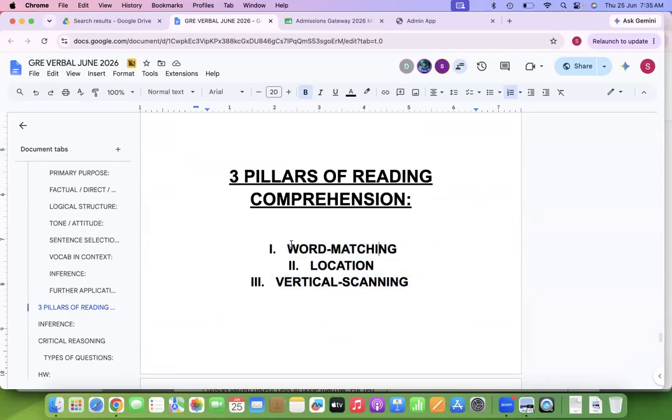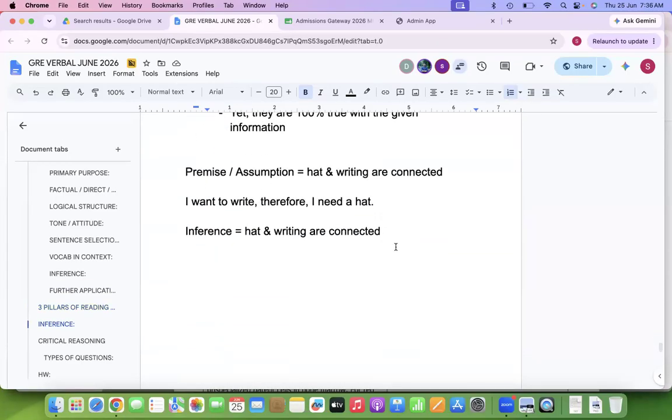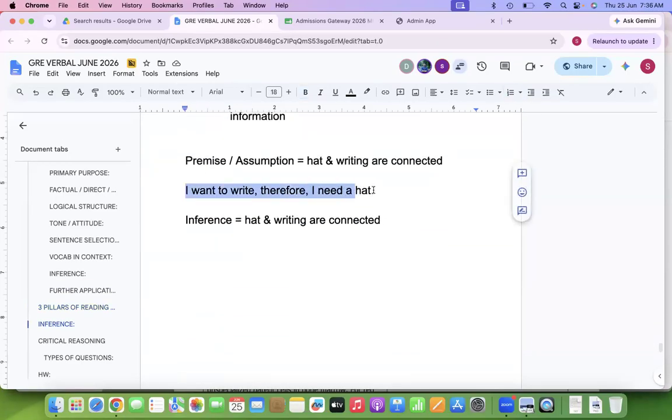Why word matching? Now you understand this? Because below ice, there's going to be more ice. If the para is made up of pen and hat and writing, answer will also be pen, hat, and writing. Look at this example that we did. I want to write, so I need a hat. The assumption or inference were about hat and writing.